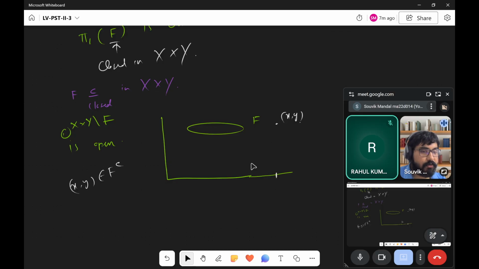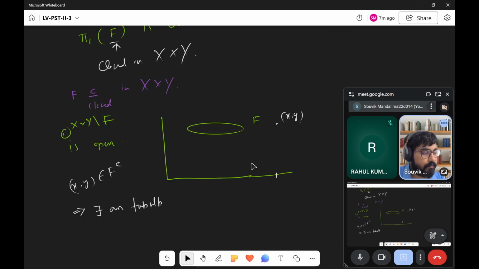Now, since the complement of F is open, that implies there exists a tubular neighborhood U of (x, y) such that U intersection F is empty.